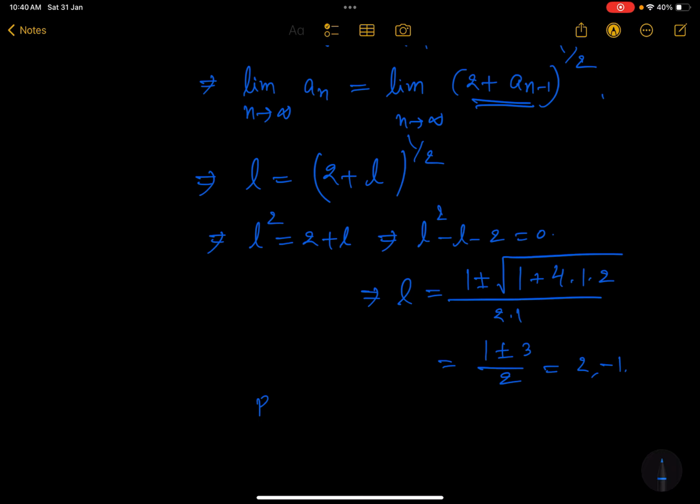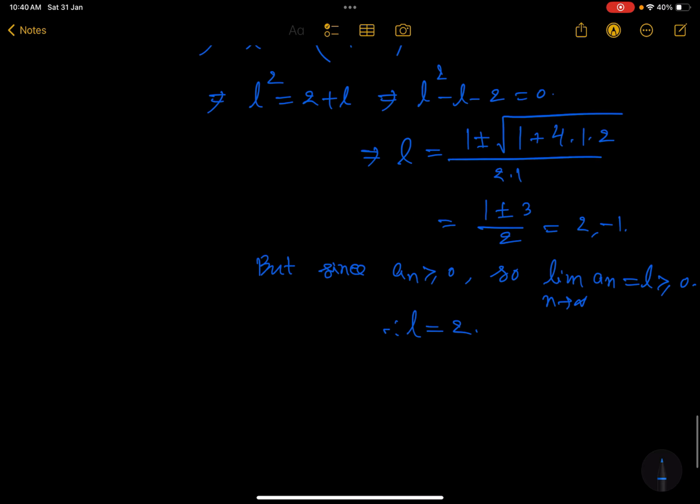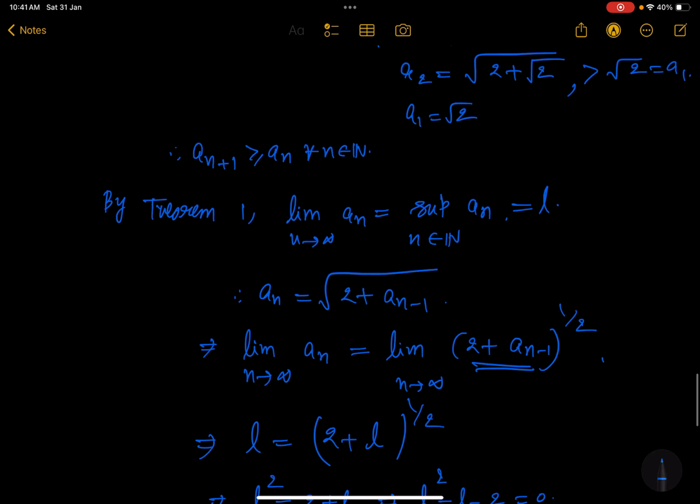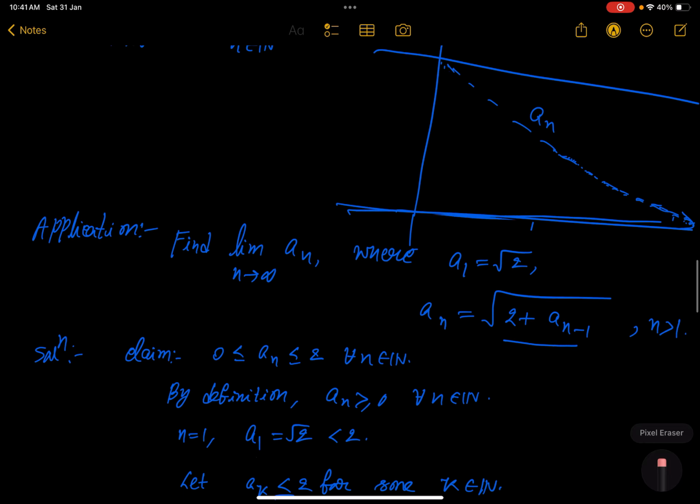But since each a_n is greater than or equal to 0, the limit of a_n is greater than or equal to 0, so L equals 2, right? So the limit is 2. Okay, this is the first application, right?